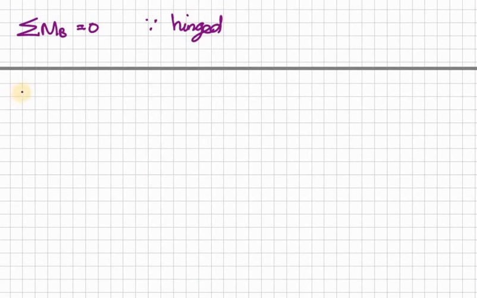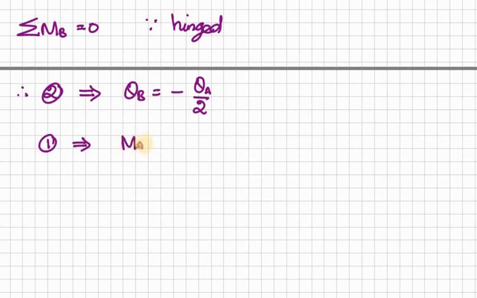From expression 2, we get theta B is equal to minus theta A by 2. If you substitute this in expression 1, we get the value of MAB in terms of theta A.